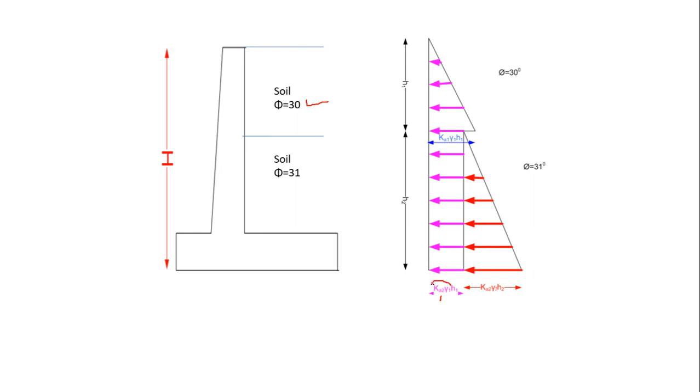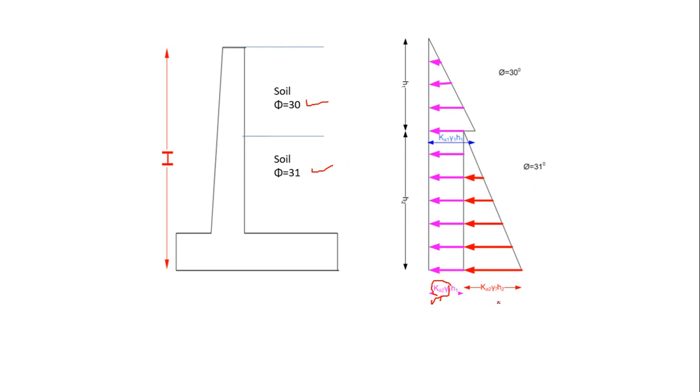So this is again an important fact we need to remember. When the upper layer of soil acts as a surcharge for the lower layer, and if the phi value is different, then we select the value of Ka2 instead of Ka1. And the pressure distribution diagram for the bottom layer soil is again triangular.